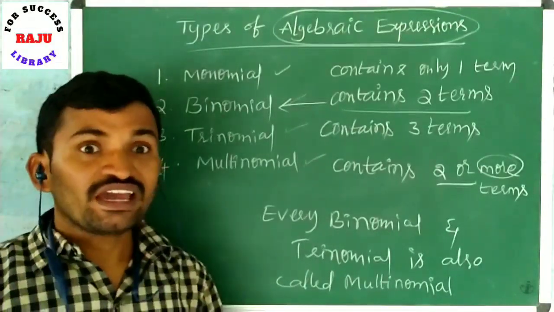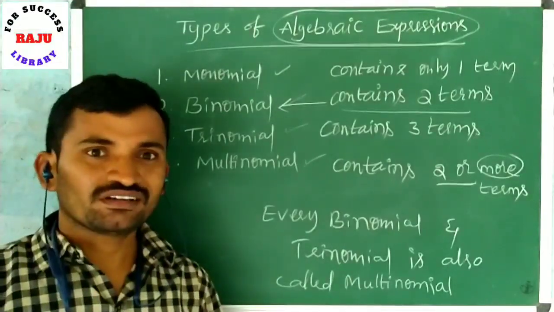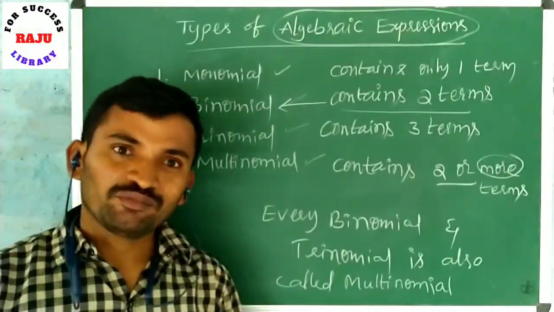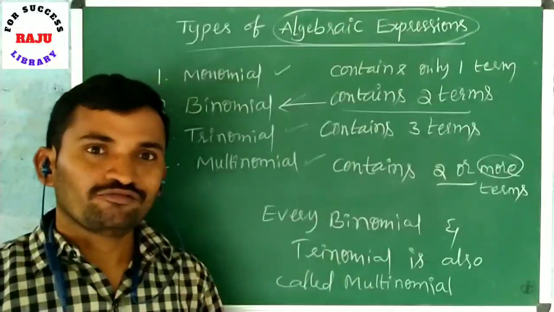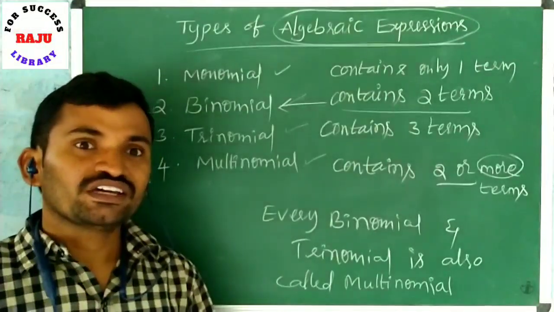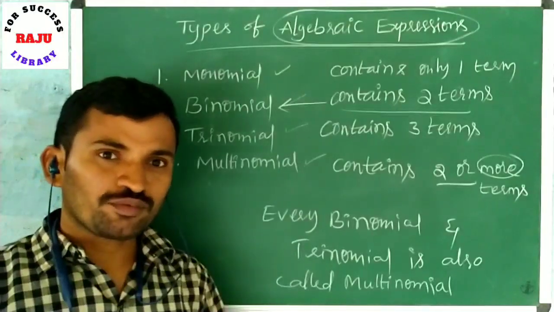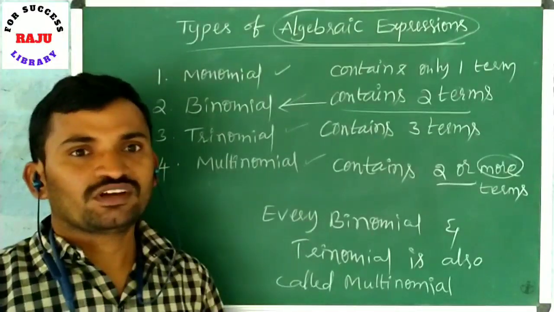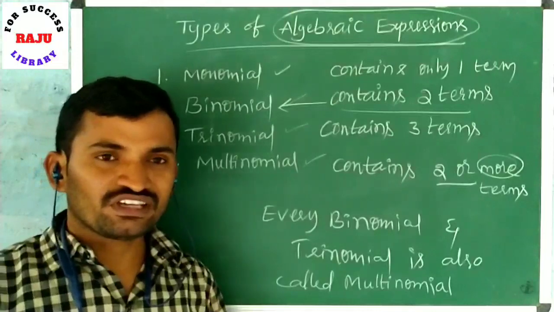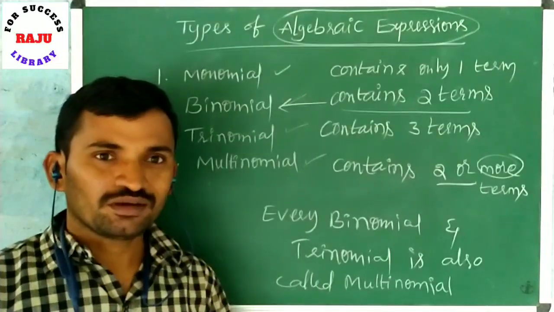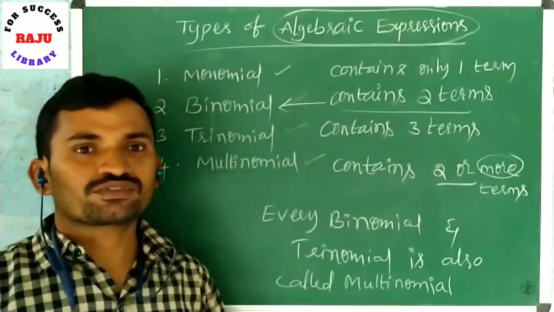Then can we say every multinomial is a binomial? Can we say every multinomial is a trinomial? We cannot say. Why? Because a multinomial may have 4 terms, 5 terms also. If 5 terms are there, can we say it is a binomial? Binomial means only 2 terms.